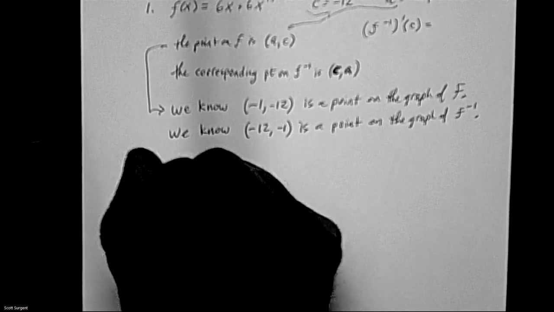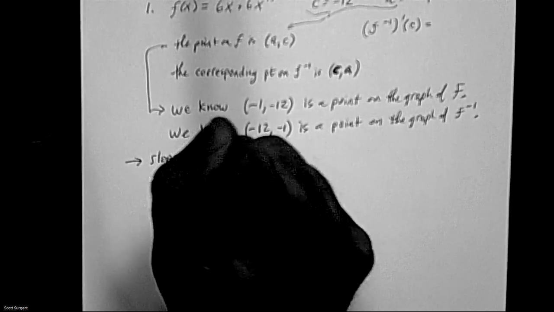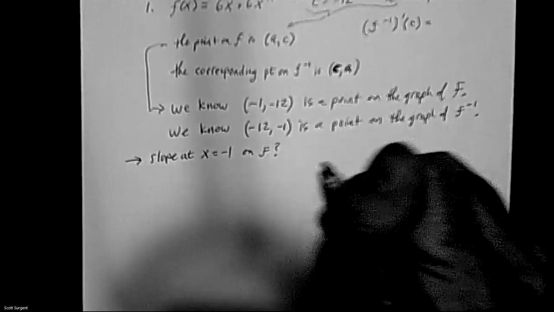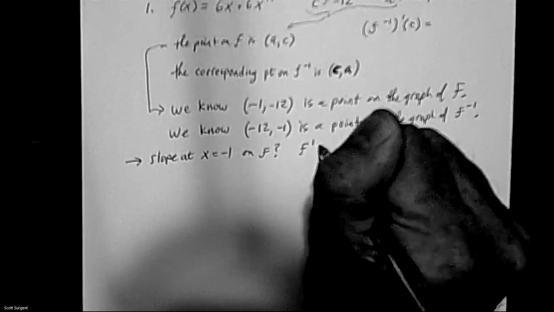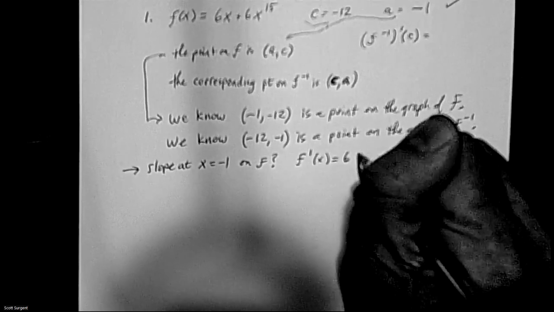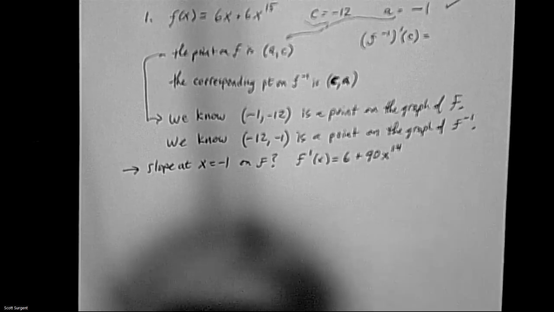Now we need the slope. So the question now is the slope at x equals -1 on f. Well, that's not that hard. We just take the derivative. You get 6, and then 15 times 6, which is 90, x to the 14th.